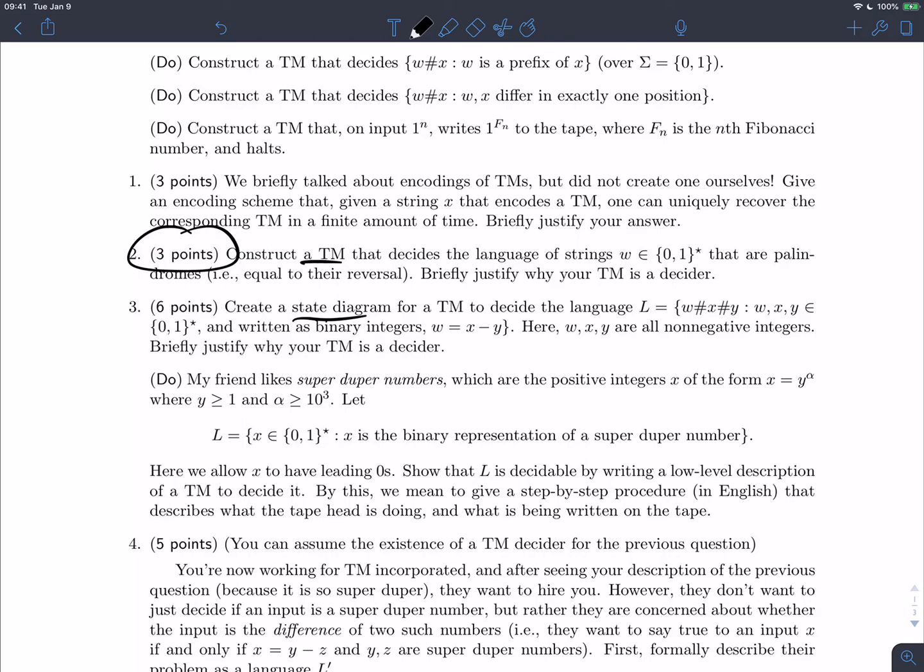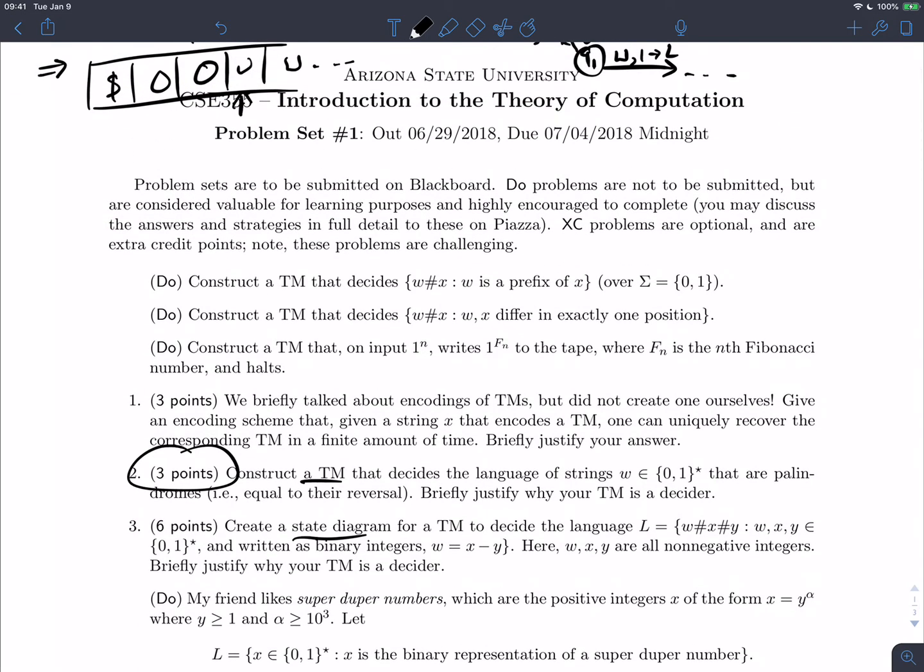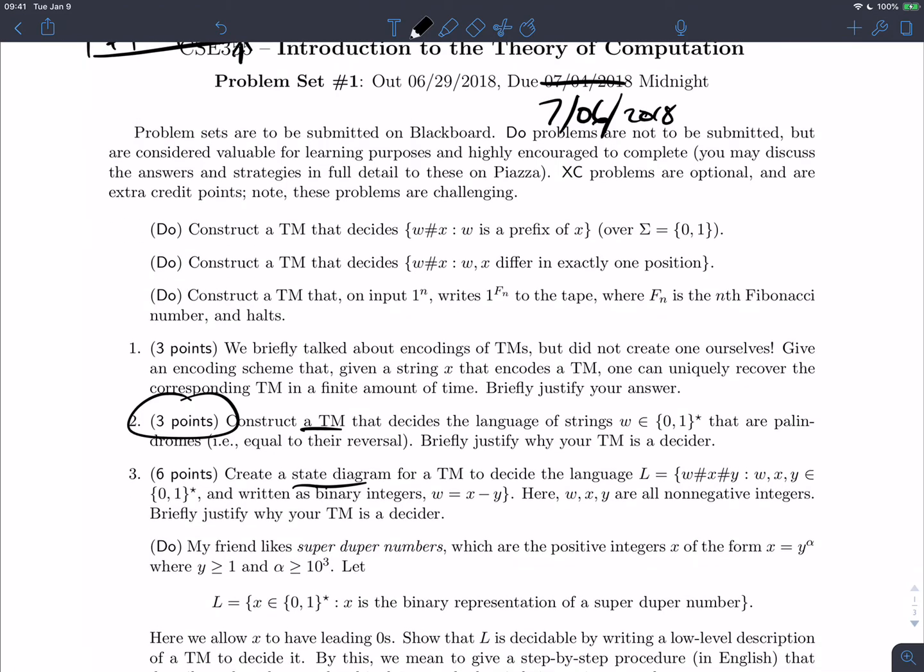If you promise to continue using Piazza and posting questions that you're confused about, do you want the deadline extended? Yes. All right. So the deadline's going to be extended to Friday instead of Wednesday. And I'll make the change and I'll make an announcement and all that good stuff. So, any questions about pset 1 otherwise?